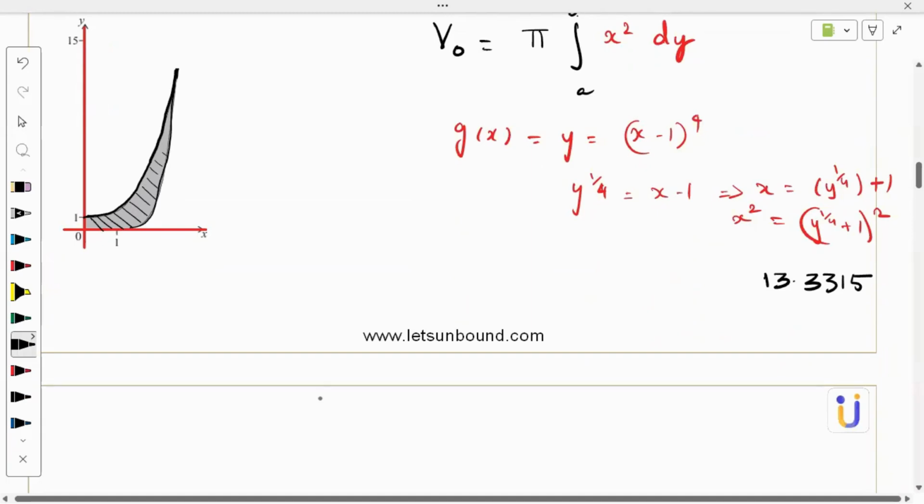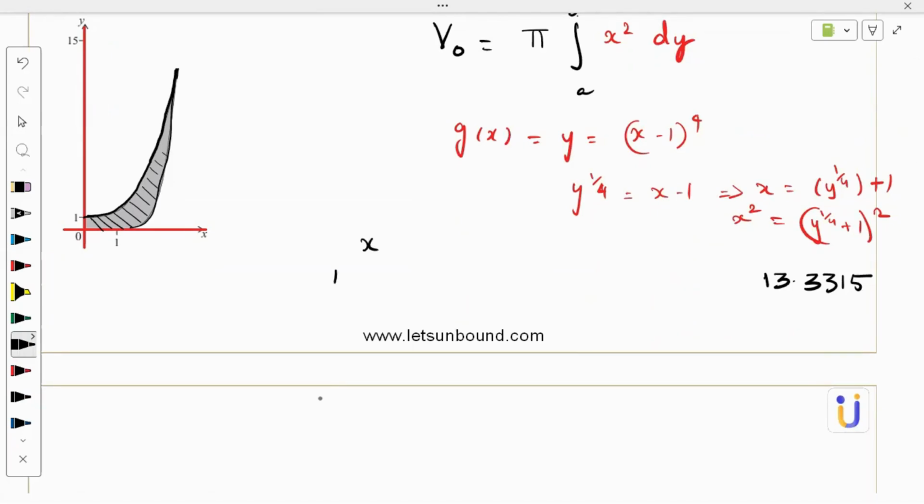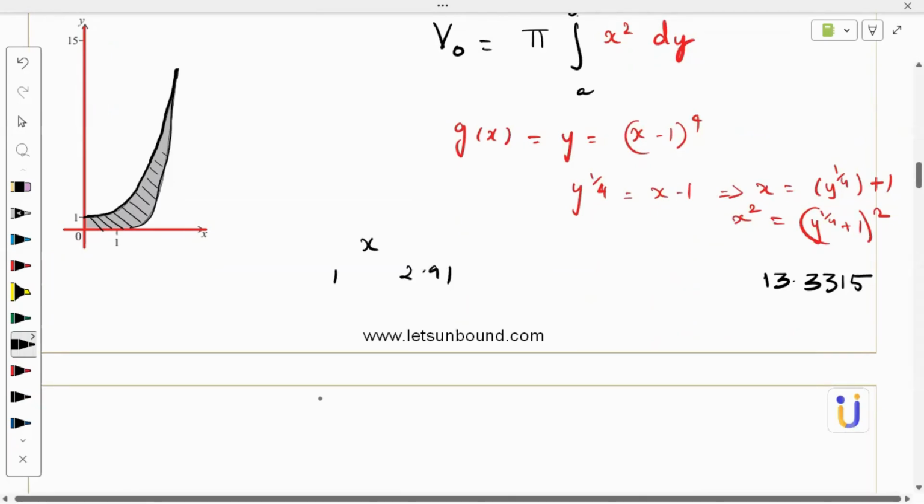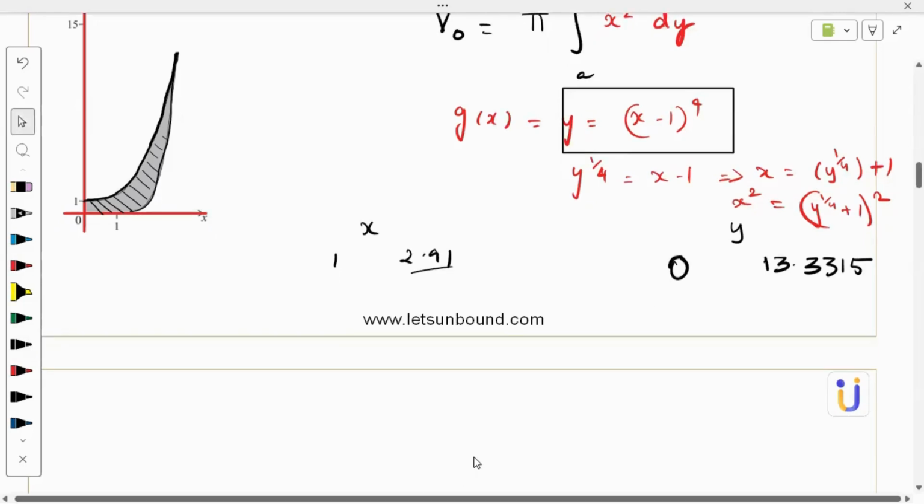Lower bound will be, there we took 1, right? Actually, these are the x bounds, 1 and 2.91. So the respective y bounds will be, when x is 1, what happened to y? You can just substitute there. 1 minus 1 is 0, 0 power 4, so 0, right? That's it.